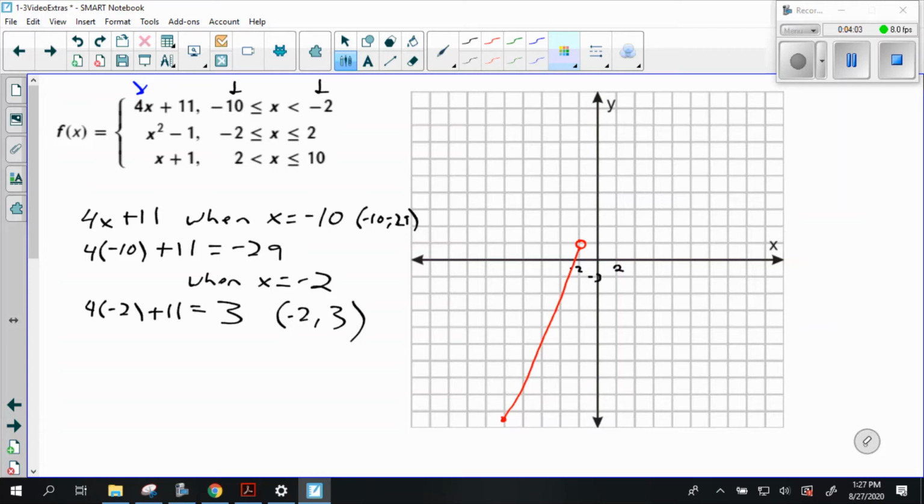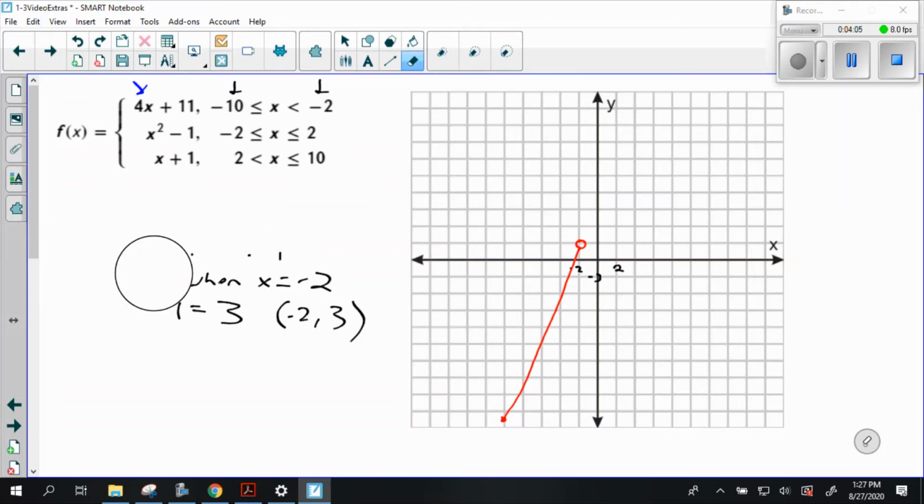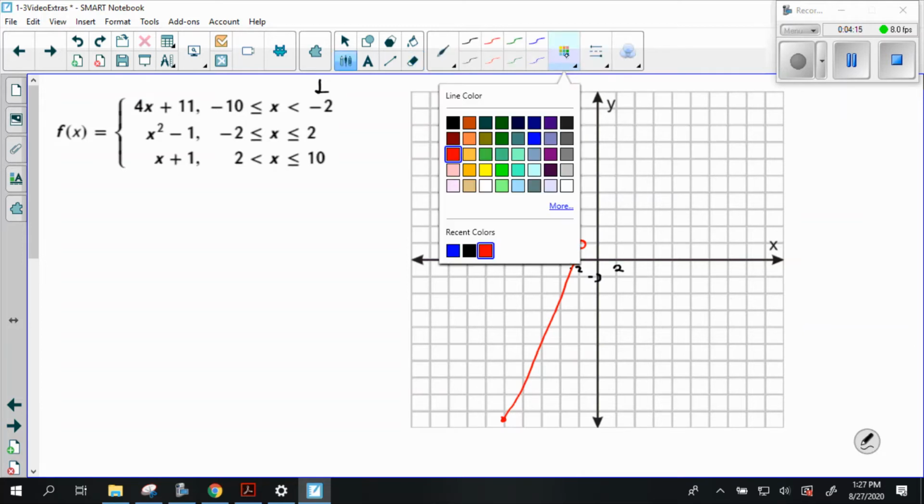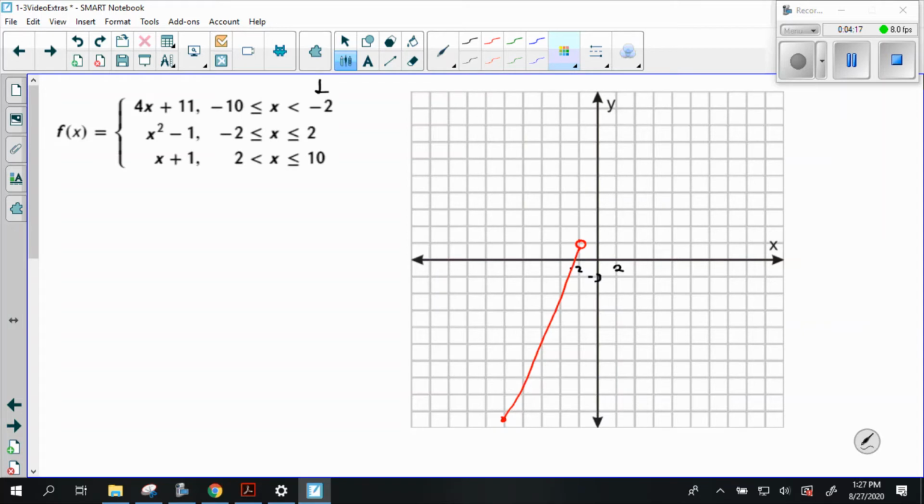All right, let's go ahead and graph the second one, the x squared minus 1, between negative 2 and 2. Okay, well, this one's going to be a little different since it's not a straight line. We're going to have to look at it as a parabola that has been shifted down 1 unit.